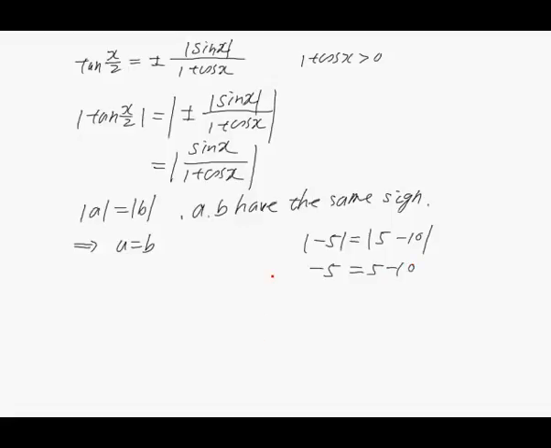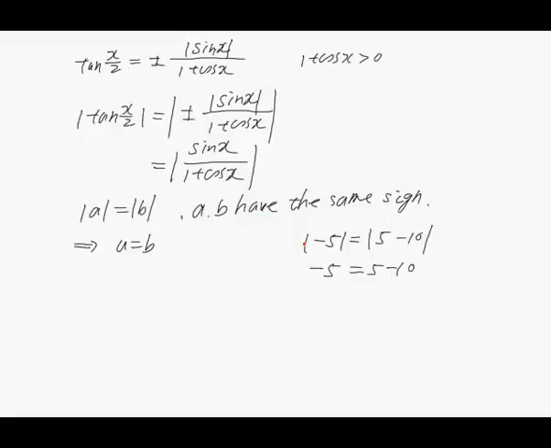Okay, so now these two guys, tangent half x and sine x over 1 plus cosine x, have the same absolute values. They have the same sign, because the sign of this part is determined by the sign of sine x, and sine x has the same sign as tangent half x.